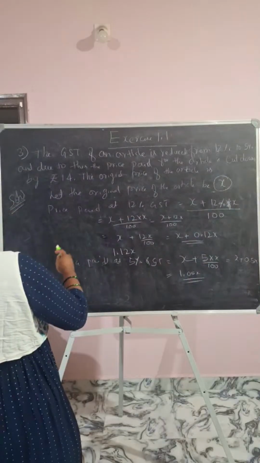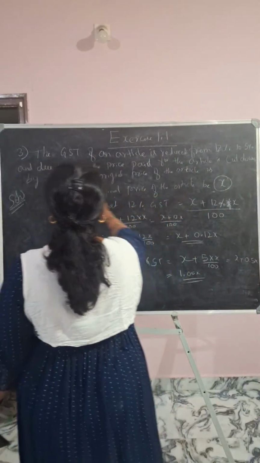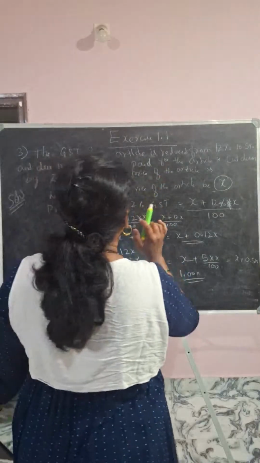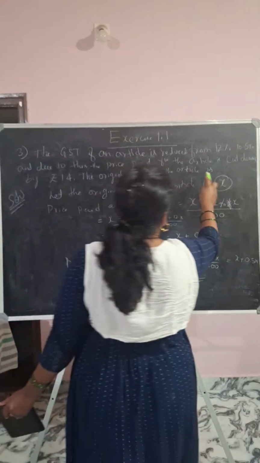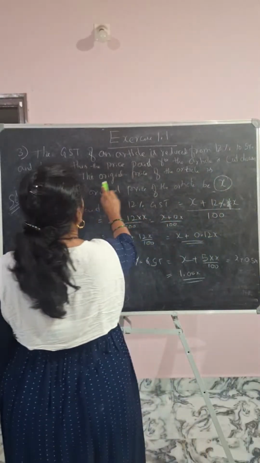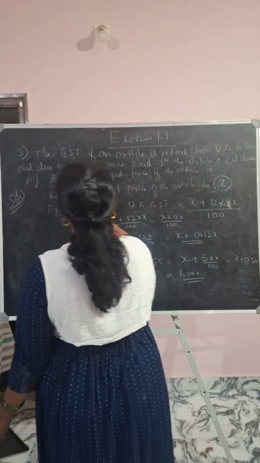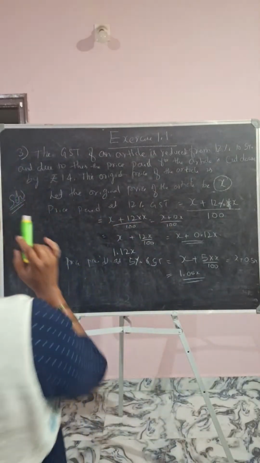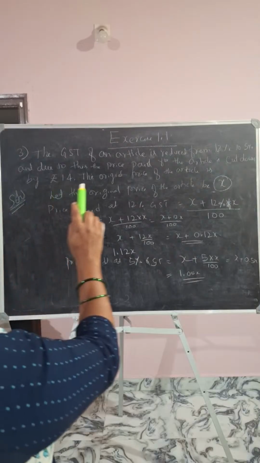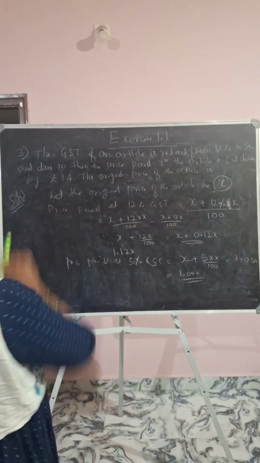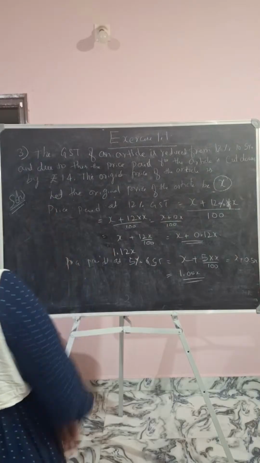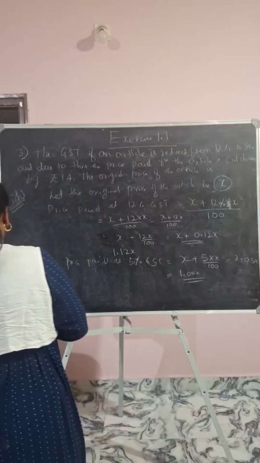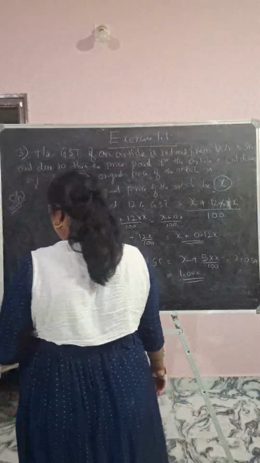So here they have given that due to the reduction of GST, the price paid for the article is cut down by rupees 14. Now we have to calculate the original price of the article.